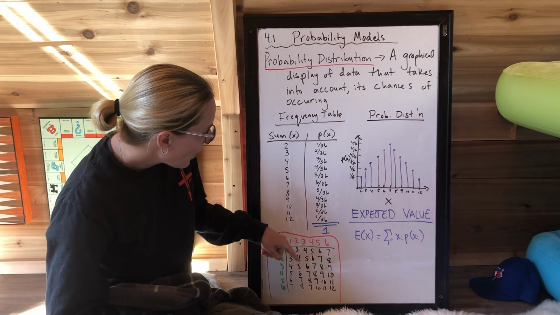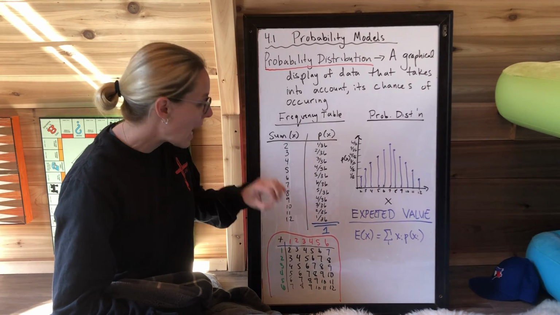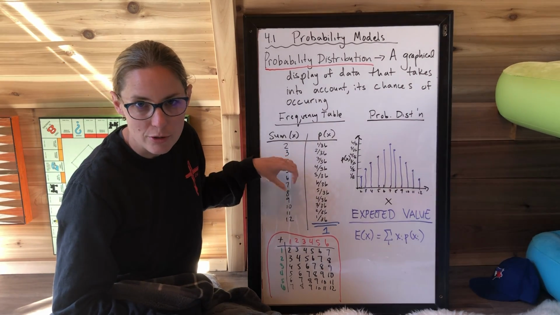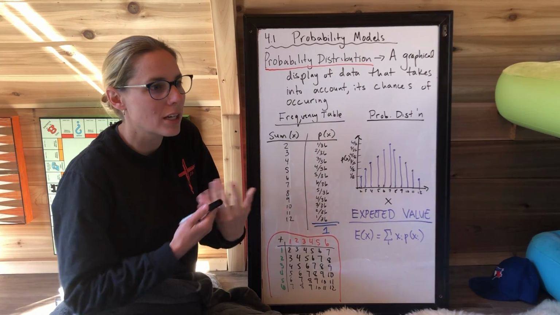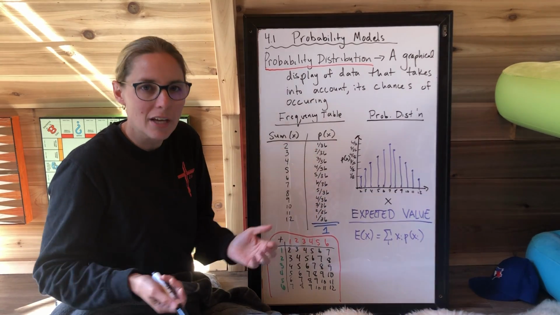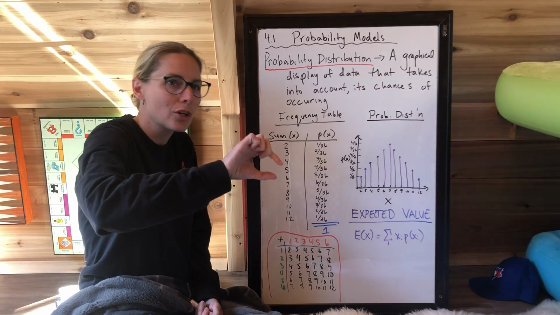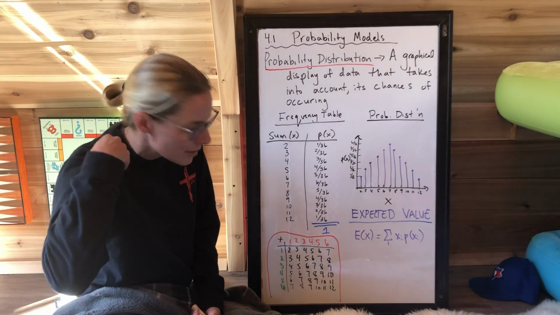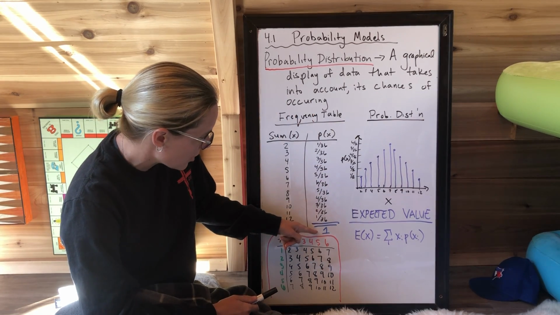What that means is there's a 100% chance of something happening in all probability distributions. The probability has to add to 1. You can't look at a scenario and say, oh, never mind, nothing happened. No, if you roll 2 dice, there has to be a sum. They always roll, they land on something. So your probability column always has to add to 1.